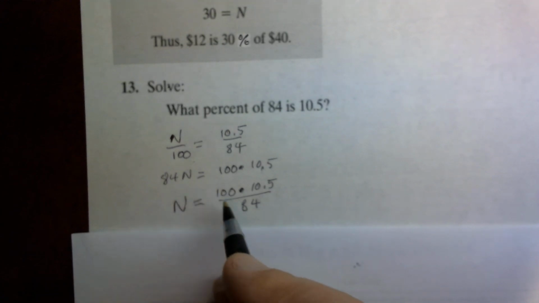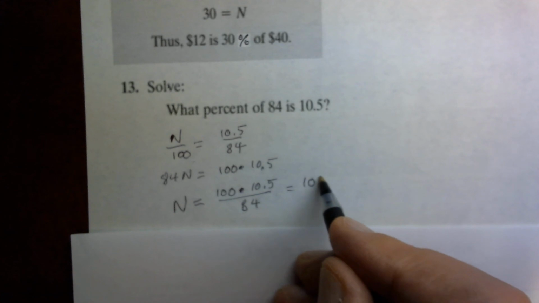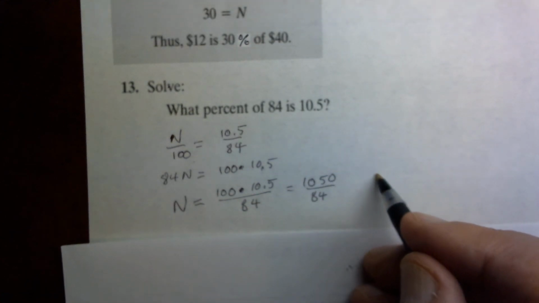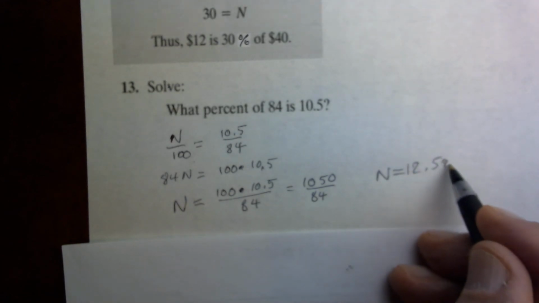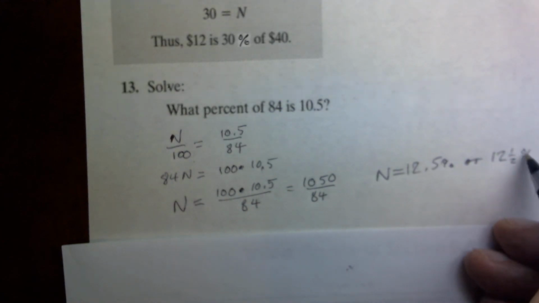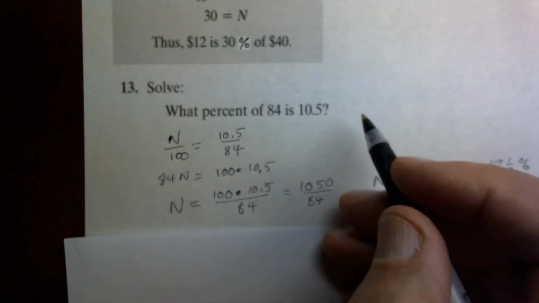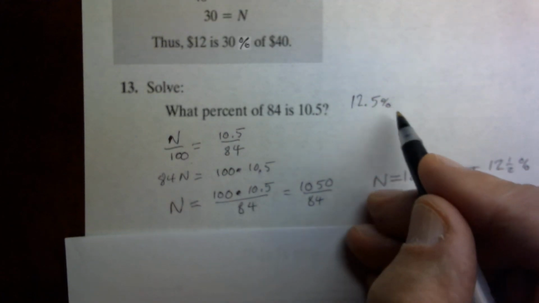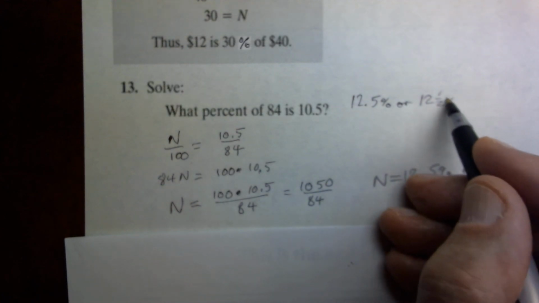We divide both sides by 84 to isolate n. So that's equal to 1,050 divided by 84. That means n is equal to 12.5%. So we can write the answer here as 12.5%.